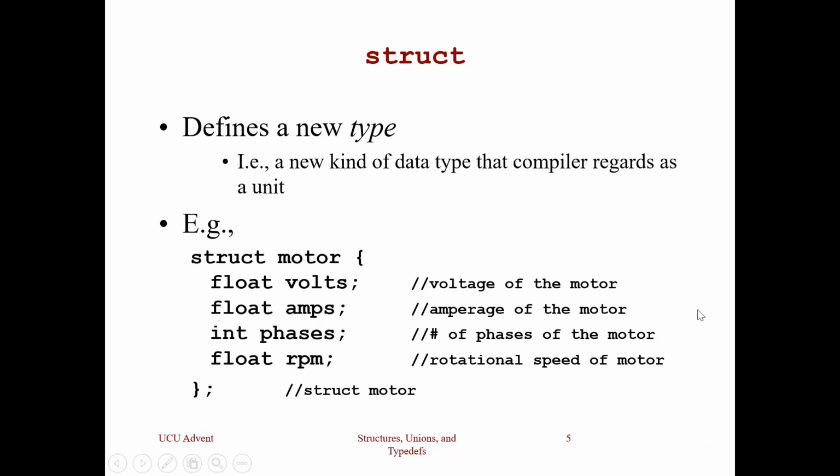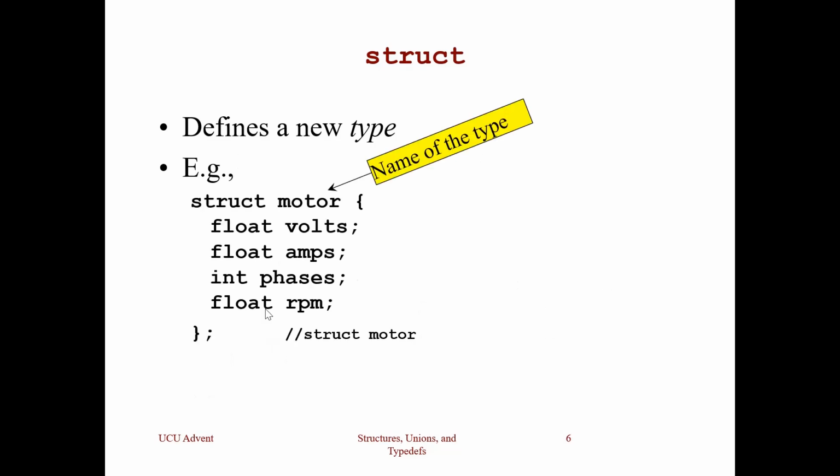We create a structure using the keyword struct, and then we give it a name, motor, open and close braces, and put a semicolon at the end. All these are data variables that we have declared inside this structure called motor. So motor is the name of our structure.